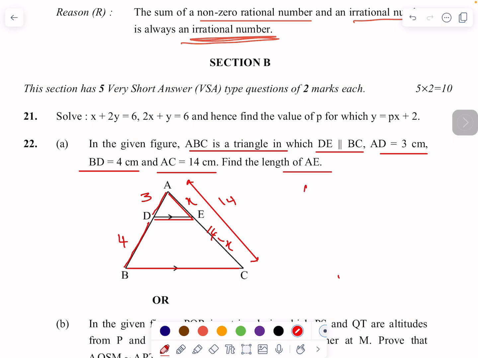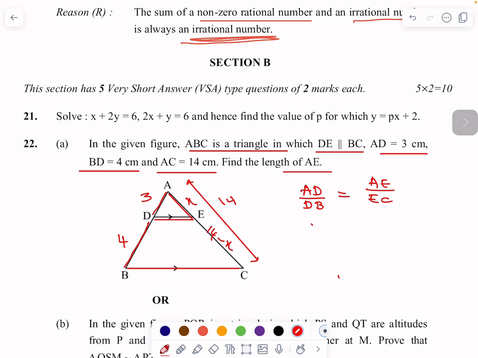Use the basic proportionality theorem. What is that? AD by DB is equal to AE by EC. From the basic proportionality theorem we can apply this. Let AE equal x, and EC will become 14 minus x. As DE is parallel to BC, we can write this.